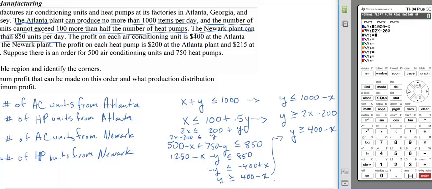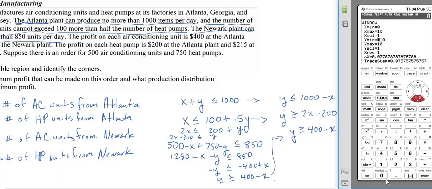And then y3, I'm going to shade above. Y is going to be greater than or equal to 400 minus x. And on the window, I know that my units are going to be greater than or equal to 0.